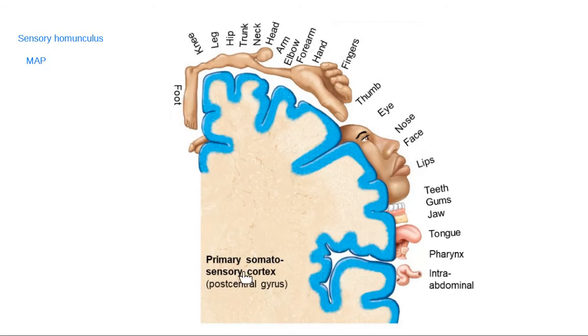So we need to know on our own, if I tell you it's the post-central gyrus, you're looking at the sensory map. Or if I tell you it's the pre-central gyrus, you're looking at the motor map. So please make sure we're practicing where these different maps are found. The post-central gyrus is the location where the sensory map is found.